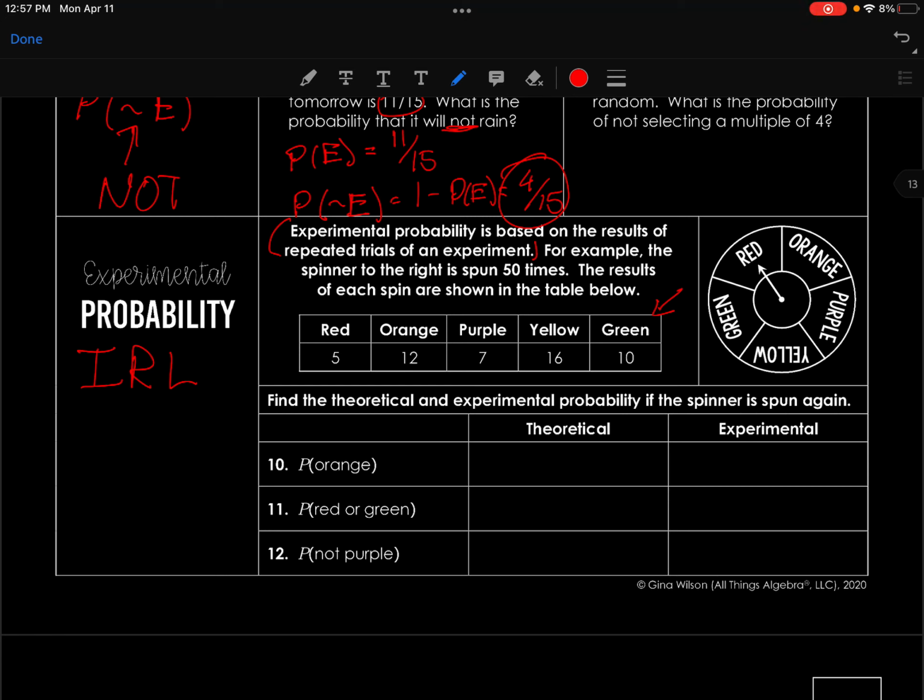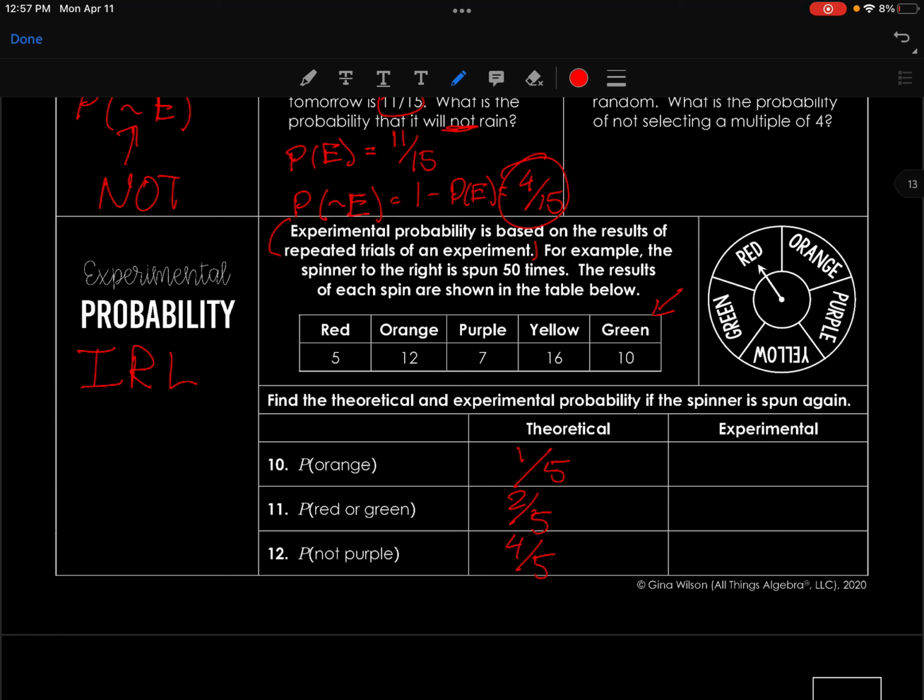What is the theoretical probability that it will hit orange? Well, it's 1 out of 5. Red or green, 2 out of 5. Not purple, 4 out of 5. The experimental probability that it will happen is, let's see, orange.